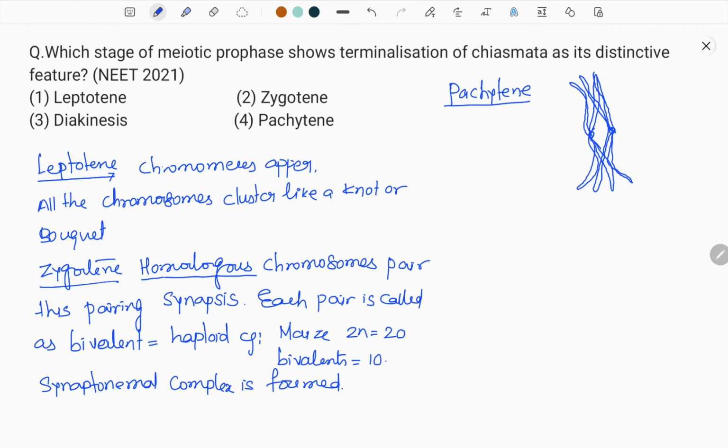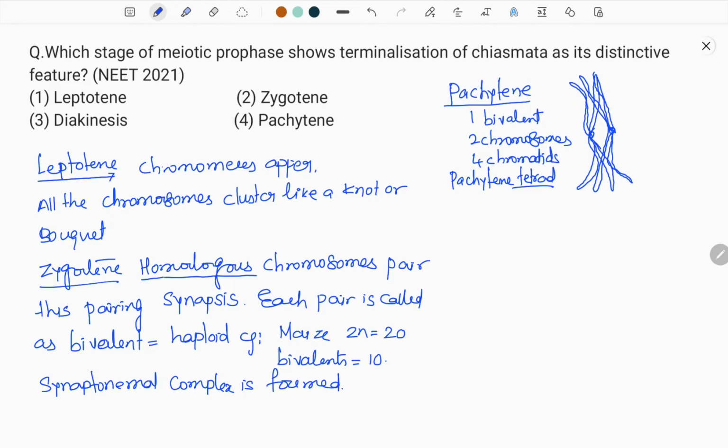So total here you can find one bivalent, two chromosomes, four chromatids. Hence it is called Pachytene tetrad, because it has four chromatids.